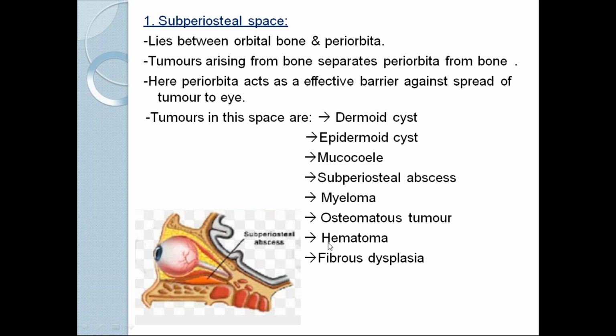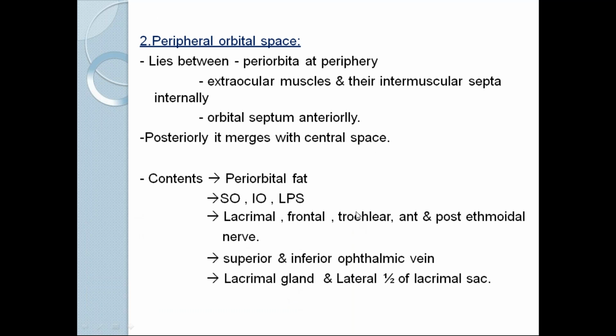Tumors which can arise in this space include dermoids, epidermoids, mucoceles, subperiosteal abscess, and other such lesions. Next slide. Peripheral orbital space.